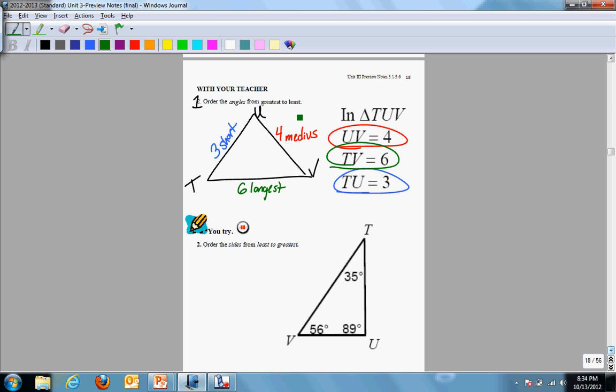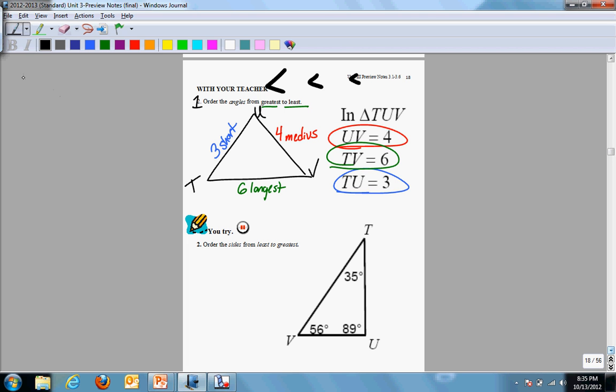So I want to order the angles from, underline, greatest to least. So we're going from largest, middle, small. That doesn't look middle. Let's fix that. So just make greatest, so largest, medium, small.